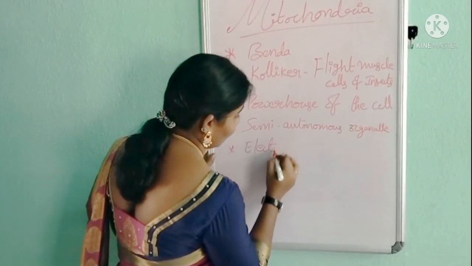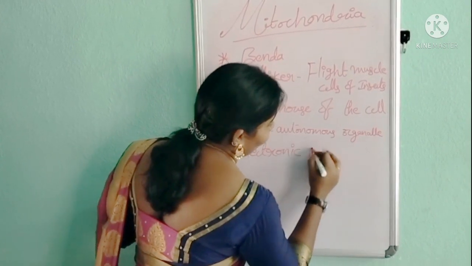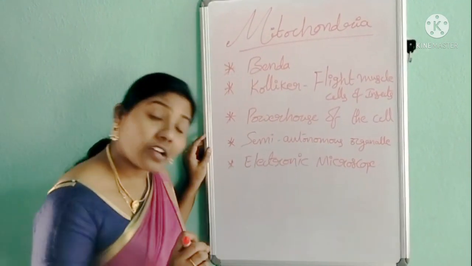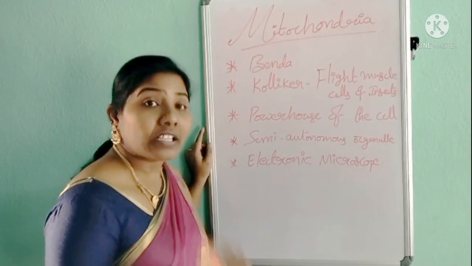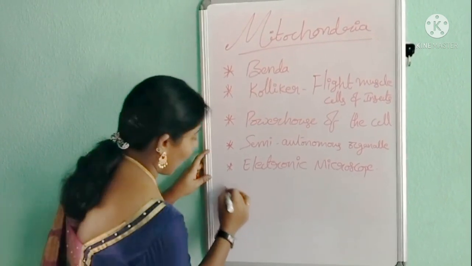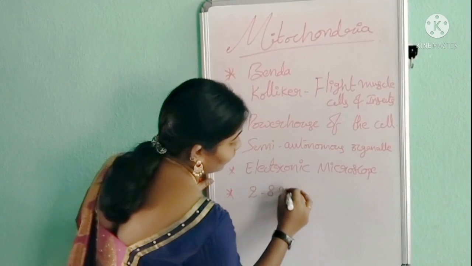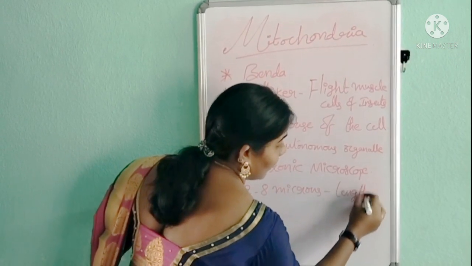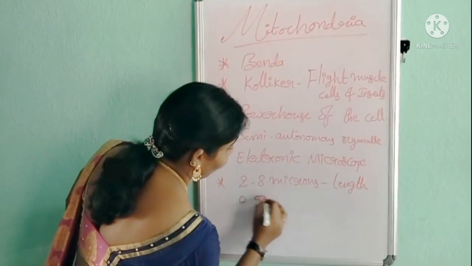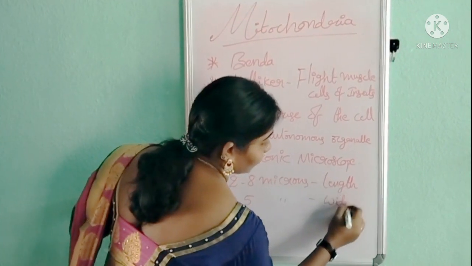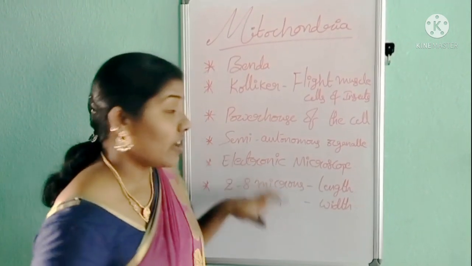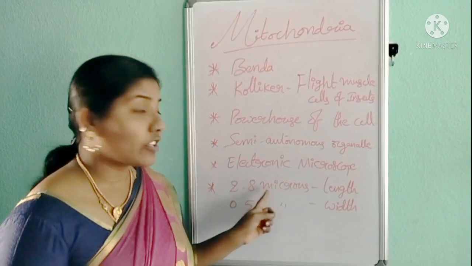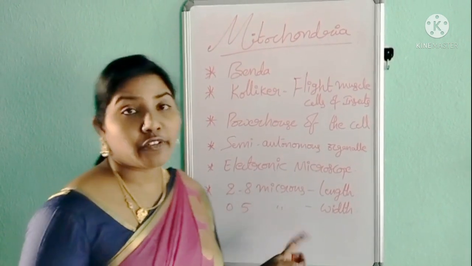When we see them with the electron microscope, the mitochondria are 2 to 8 microns in length and 0.5 microns in width.